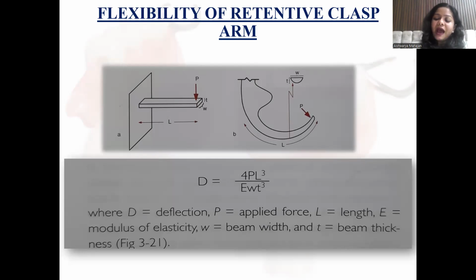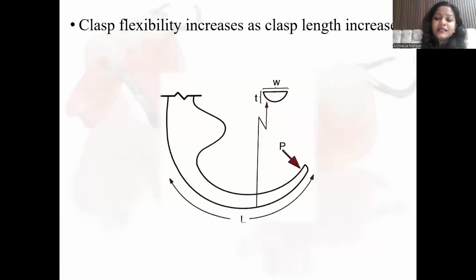When assessing the impact of dimensions on flexibility of a clasp, a mathematical formula, which is represented here, must be considered. As the formula suggests, flexibility is directly proportional to the cube of the length, so clasp flexibility increases as the length of the clasp increases.